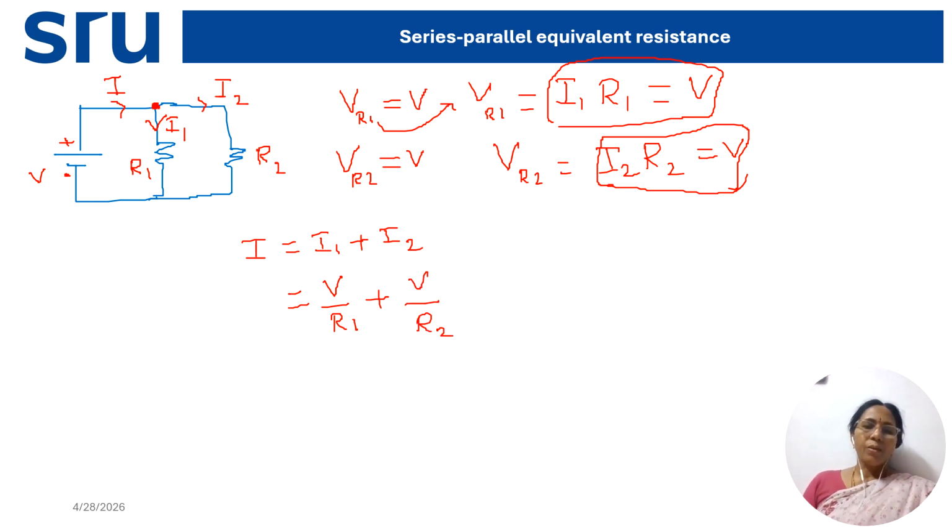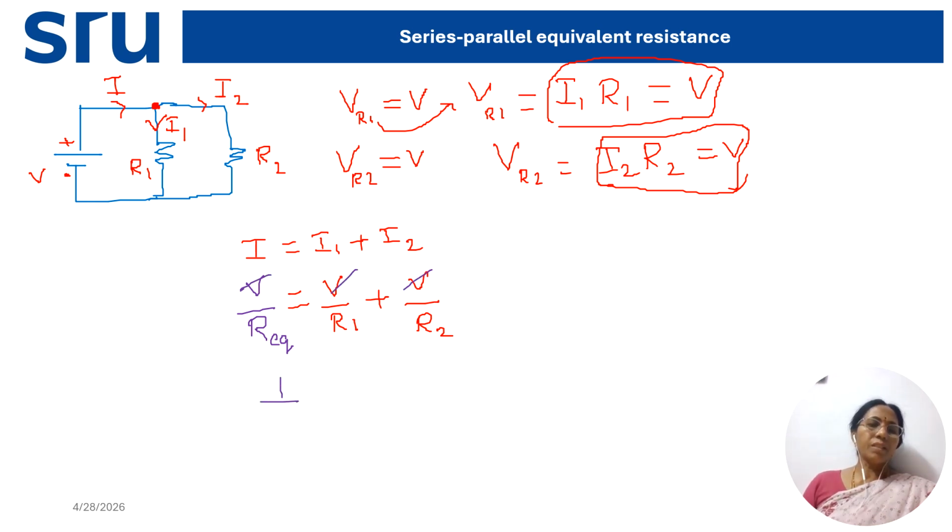Now this is the total current. What is the total current? It is the total voltage divided by the total equivalent resistance. Now the numerator V will get cancelled.